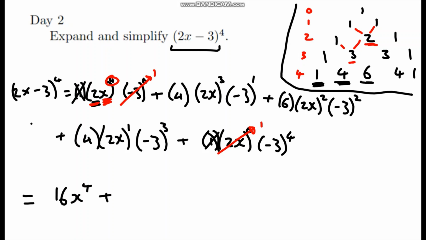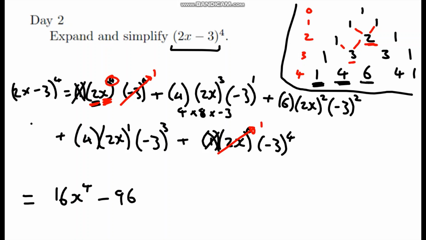Next one, so we've got 4 times by 2 to the power of 3, so it's going to be 2, 4, 8, times by negative 3. So we're going to have 4 times 8, which is 32, times by 3, times by negative 3, it's going to be negative 96.